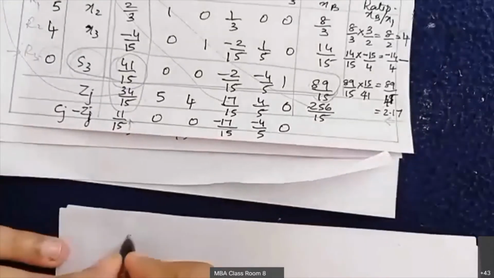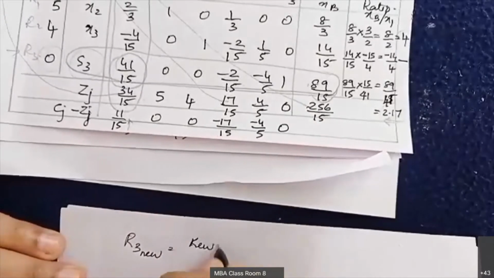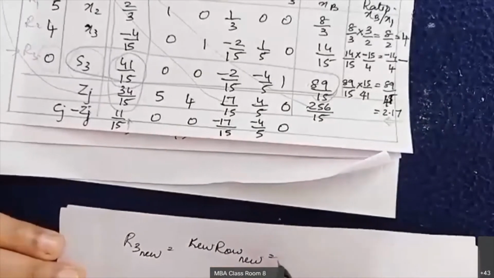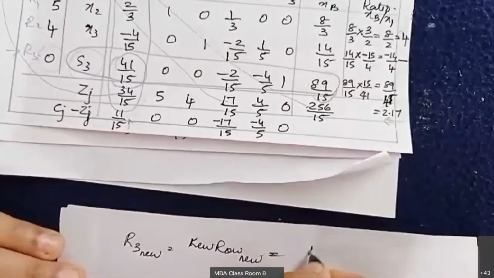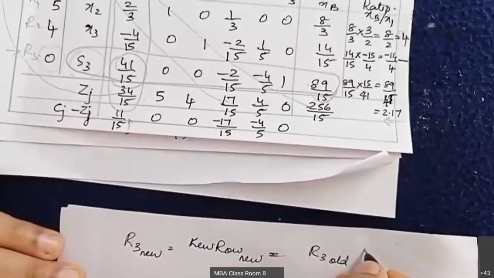So R3, how is it going to change? R3 new, this is also called the key row new. That is going to change as R3 old divided by which value? Divided by 41 divided by 15.